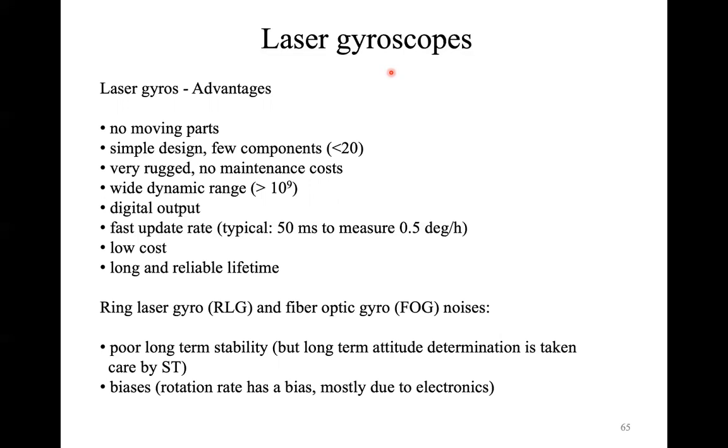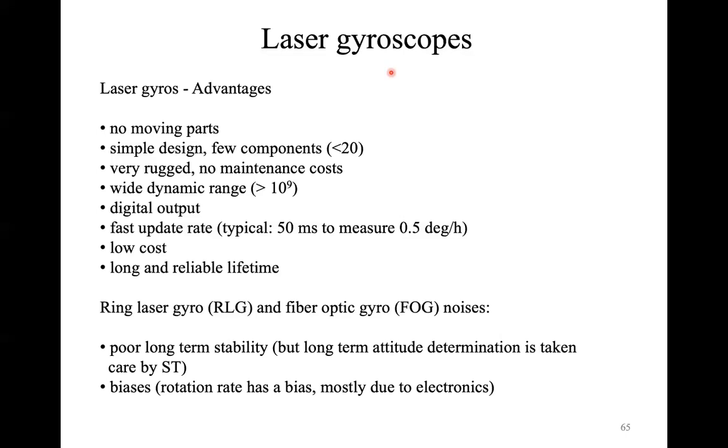Wide dynamic range means that if you have a variation of the orientation of the spacecraft with high frequency, you are able to detect these high frequency variations of the angular rotation of the spacecraft with the laser gyroscopes.